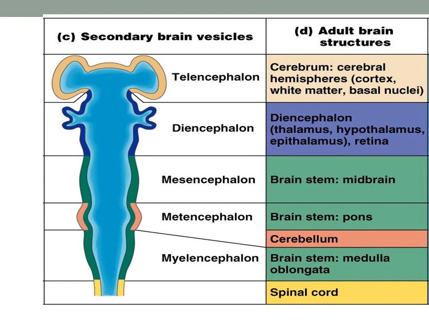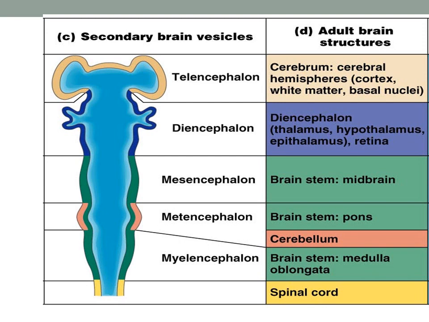The primary brain vesicle of the mesencephalon remains undivided and continues in the adult as the mesencephalon, which gives us the midbrain of the brain stem. And then the primary brain vesicle of the rhombencephalon divides to give us the metencephalon and the myelencephalon.